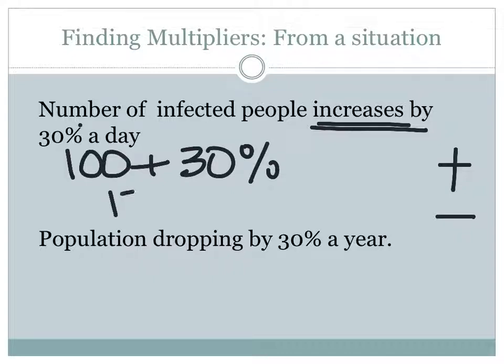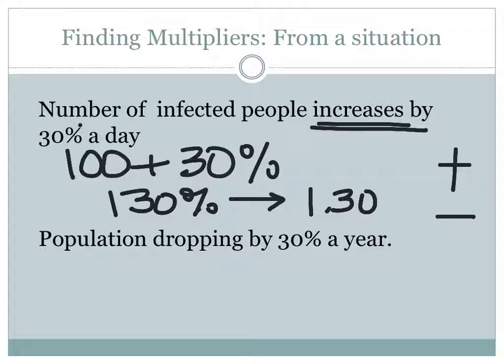So we get a total of 130% of what was there before, the original and the new 30%. That works out to be a multiplier in decimal form of 1.3 or 1.30. Both are correct.